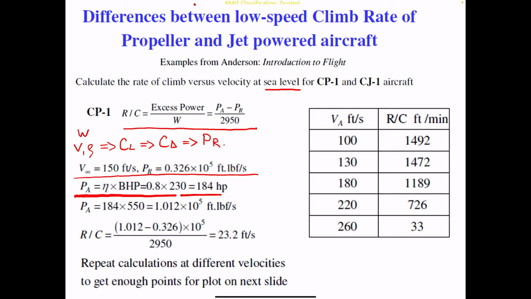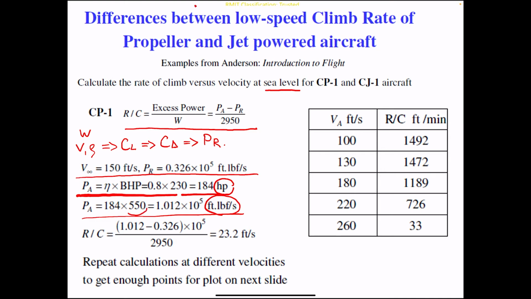So power available will depend on propeller efficiency and power plant. And we get it in horsepower. We have to convert horsepower into foot pound force per second. Here is conversion coefficient, 550.